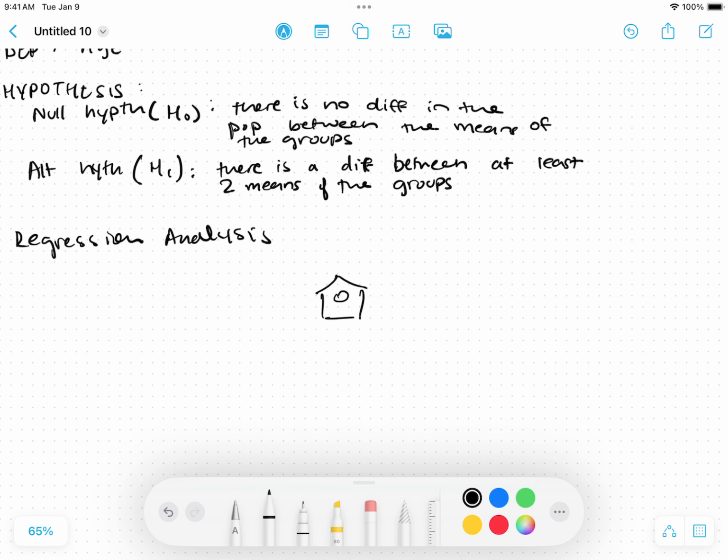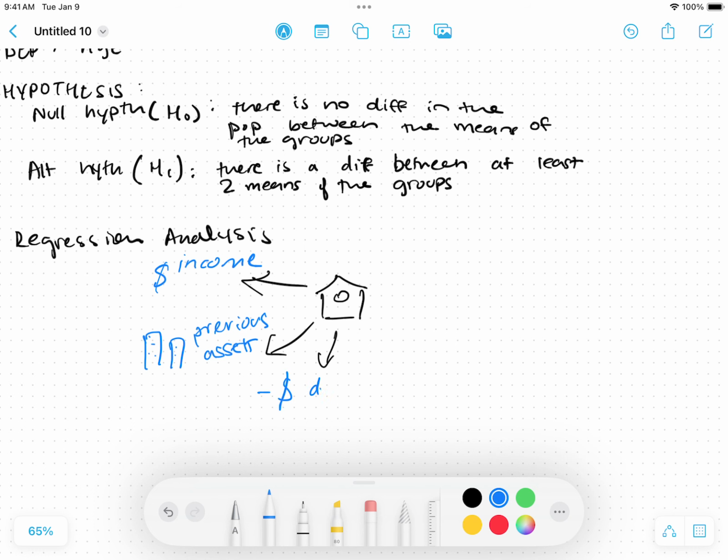Some of the factors can be income, previous assets, or debts or loans.